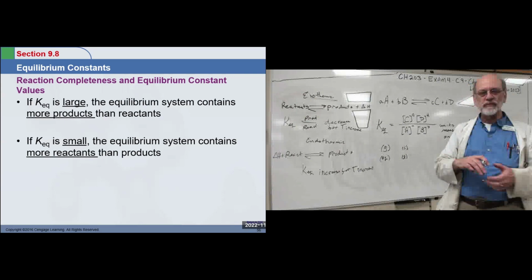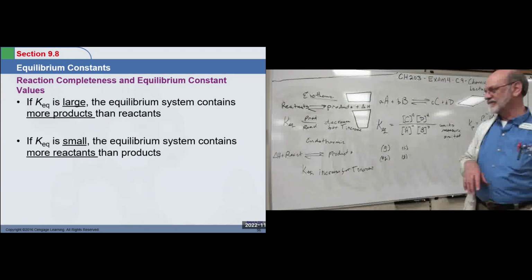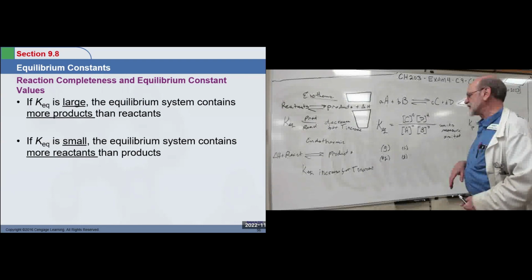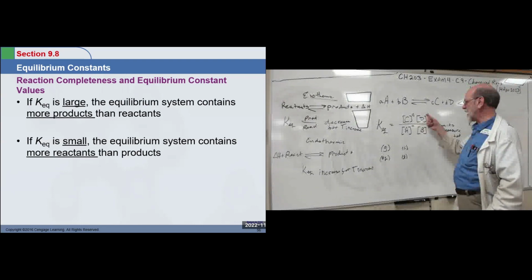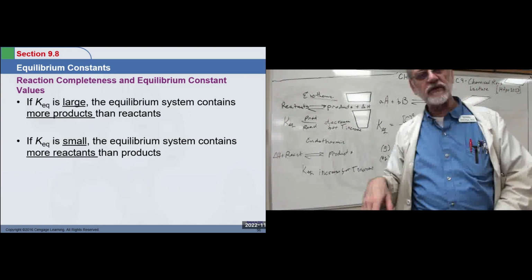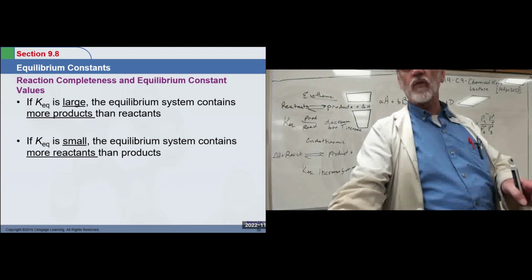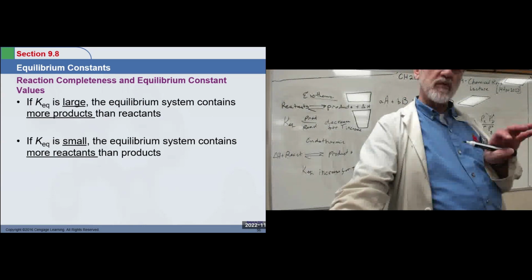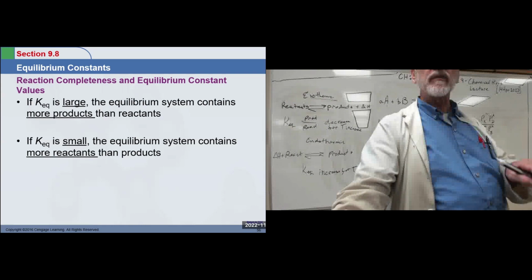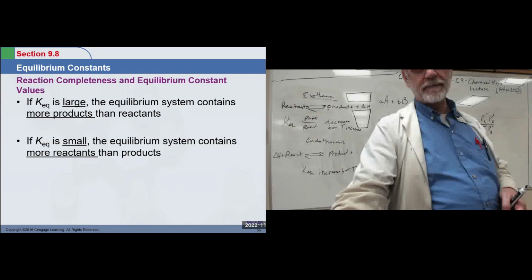Okay? Your book might say greater than 1 or less than 1, but that's difficult to prove because you've got these powers in here. And when you have powers involved, you can't say that things are exactly equal to 1 or greater than 1 or less than 1. So I say when the KEQ is large, equilibrium is toward the products. If it's small, equilibrium is toward the reactants.